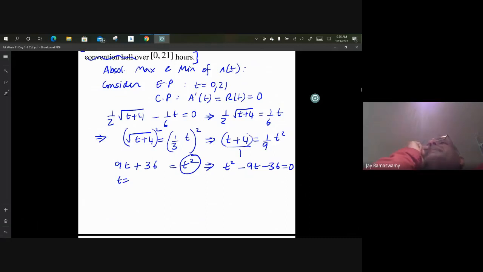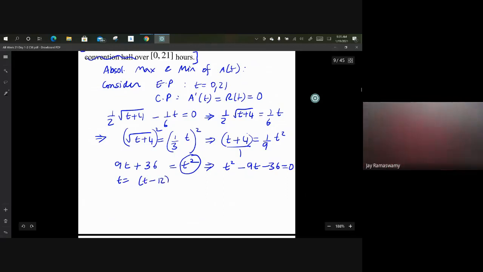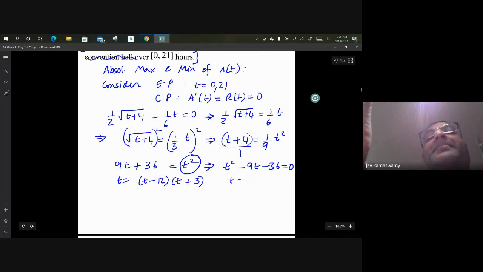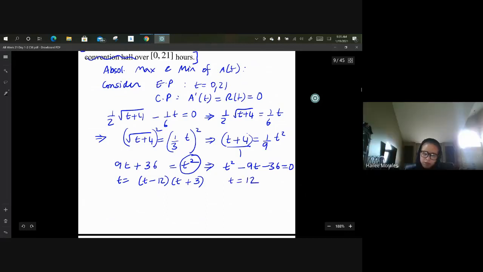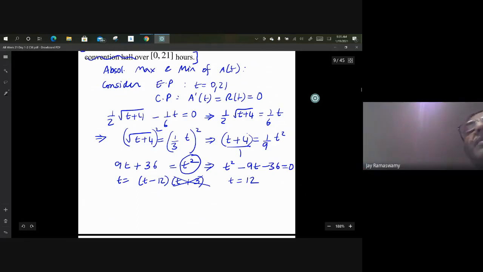I hope you have basic factoring skills. 12 and 3. What are your signs? Negative 12, positive 3. T is equal to 12 then. T cannot be negative, so t equal to -3 is ruled out.